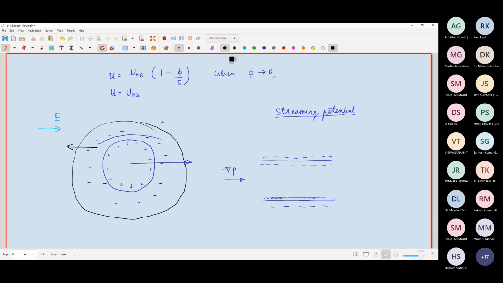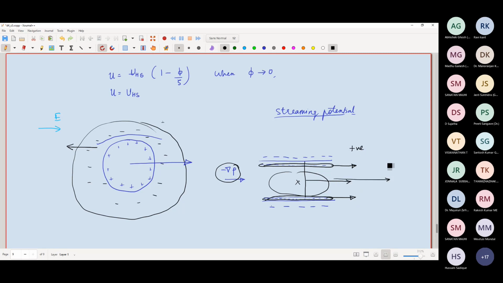So what will happen is, because of the pressure driven flow, the positive cloud, this cloud, is positively charged, whereas this region has no charge. So when there is a flow in this direction, the cloud is taking a flow like this, so you have a net positive charge accumulation on the right hand side.